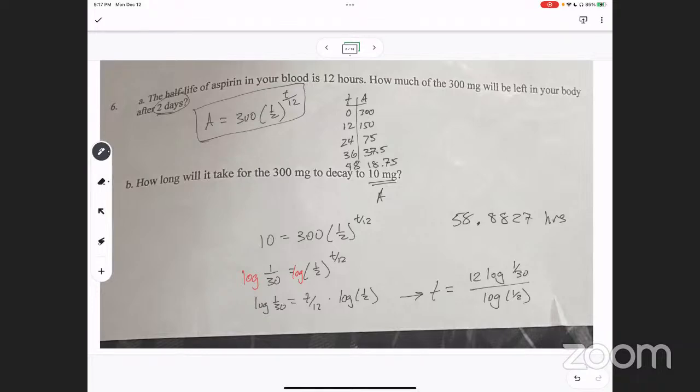Got it? And they didn't specify what units they wanted for length, so we'll just put it in decimals of hours. If they said how many hours in minutes, you would have to convert this hour into minutes.